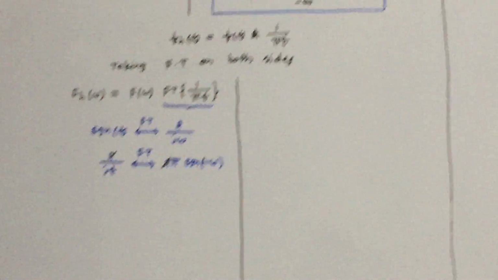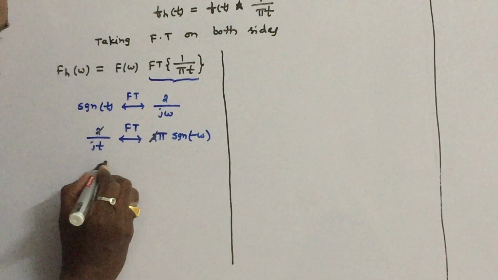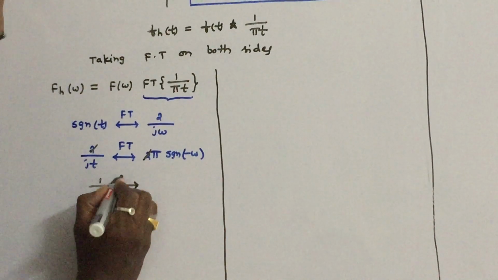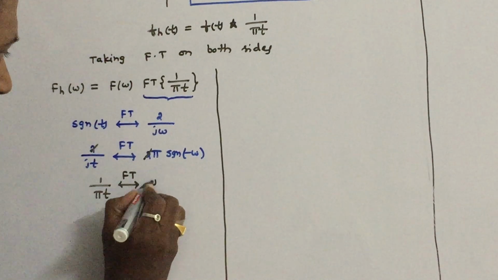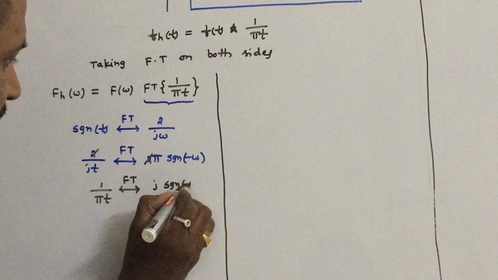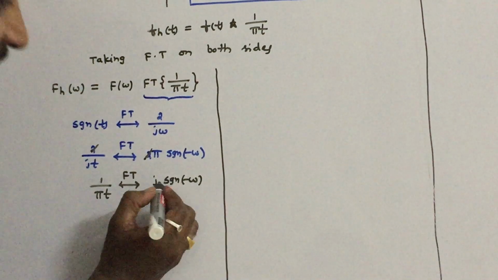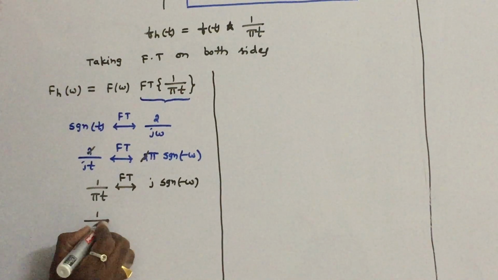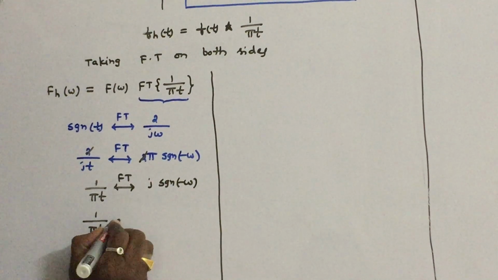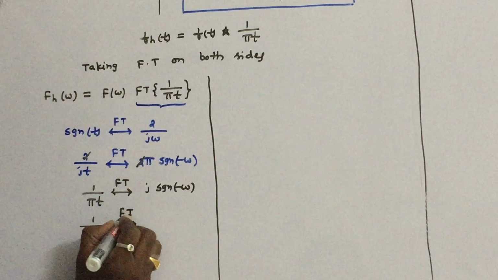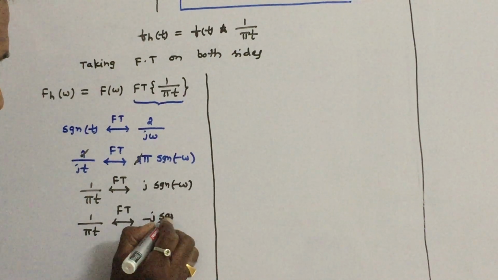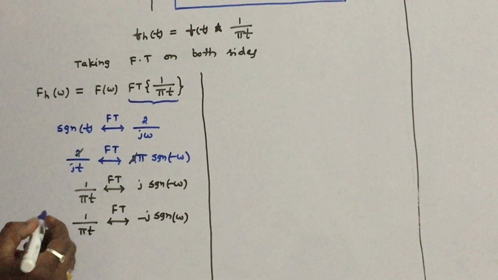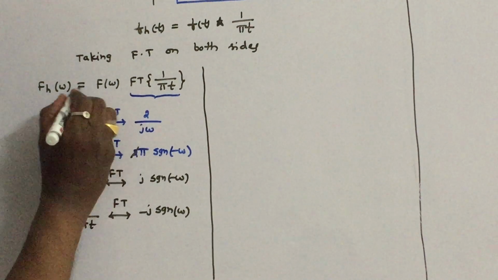Bring pi here and j to the right side. So the Fourier transform of 1 by pi t is equal to j signum of minus omega. As we have derived in the previous classes, signum of minus omega is an odd function. So therefore the Fourier transform of 1 by pi t is minus j signum of omega.